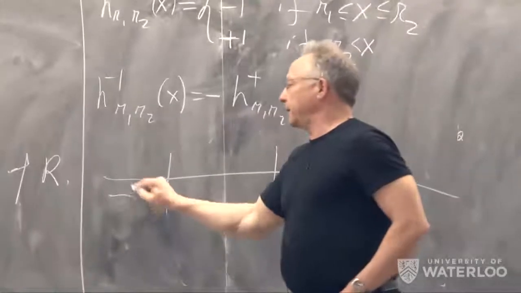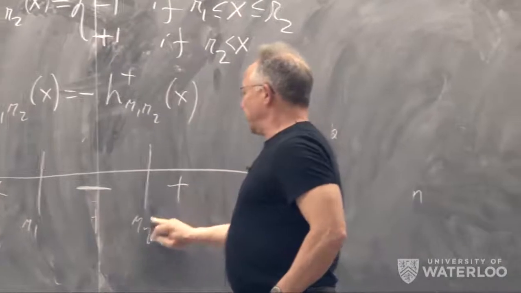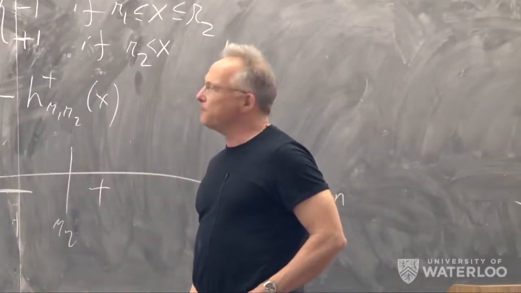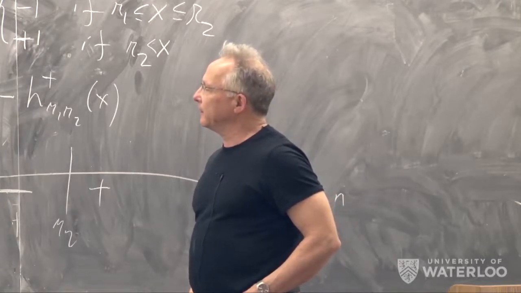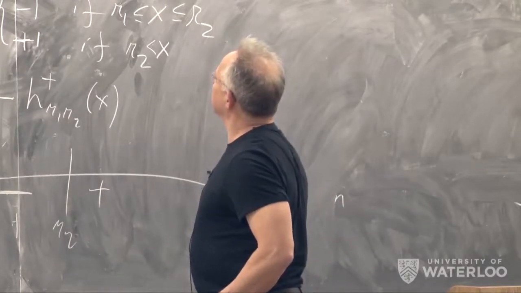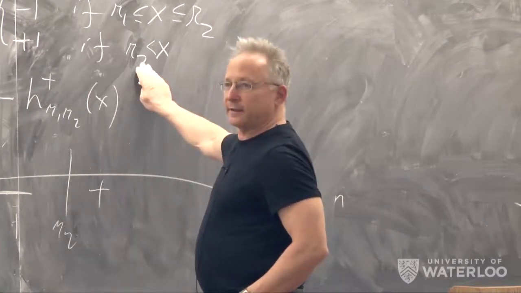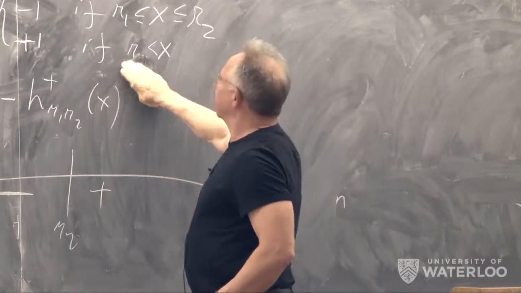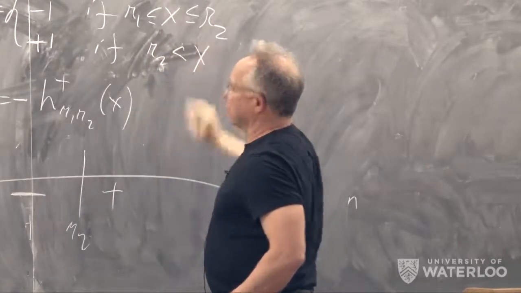You label it plus here. This is R1. You label it minus here. This is R2. You label it plus here. Yes? In the very last line of the h plus, shouldn't it be R2 greater than x? Sorry, never mind. I can't read. You just cannot read what I wrote? What I'm saying here is R2 is less than x.